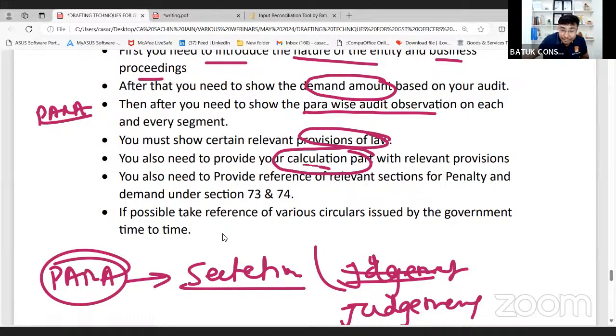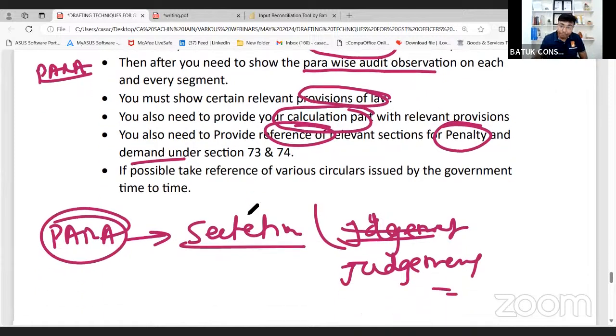Also, you need to provide the reference of the relevant section for the penalty and demand implication under section number 73 and 74. If fraud cases are there, section number 74 will be applicable. If non-fraud cases are there, section number 73 will be applicable. If your order is based on various circulars, in that case that circular reference should be there, but the circular reference also you have to put in the para itself.